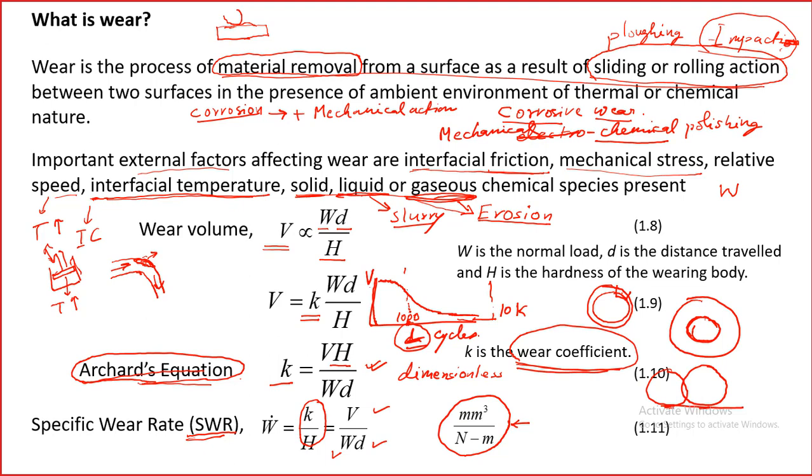For the same process, same combination of material and same other parameters, if I measure wear rate for only this much, and if I measure wear rate for this much, which one will be larger? Let's say this is situation A and this is situation B.